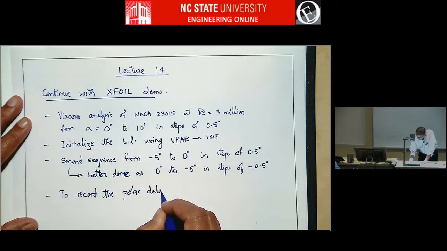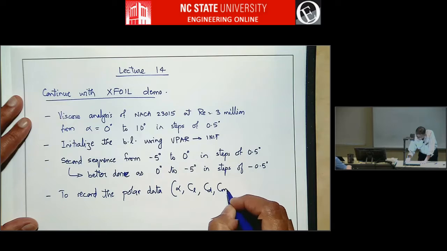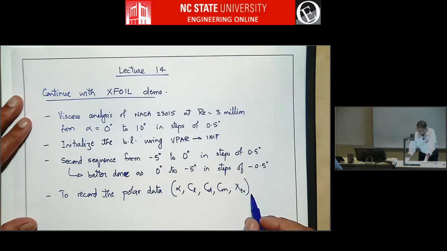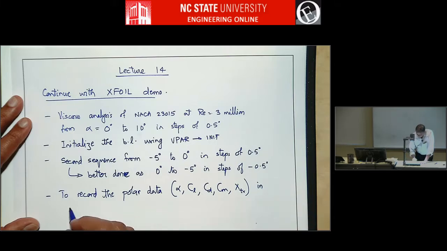This is called polar data: alpha, CL, CD, CM, transition location. This list is called polar data in an output file. Use PACC.